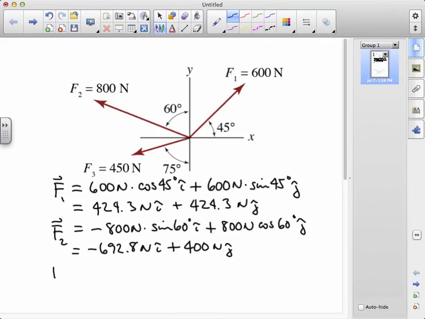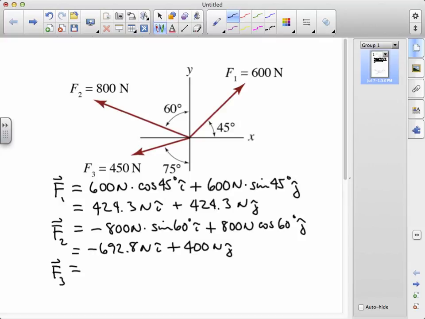For force F3, we have a 75-degree angle defined off the negative vertical y-axis. So again, the sine of that angle will give us information about the x component, the cosine about the y component.